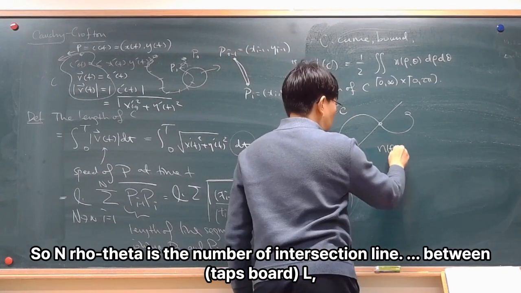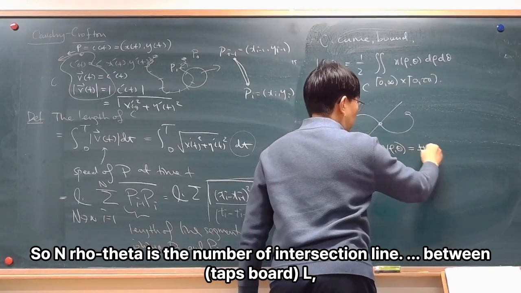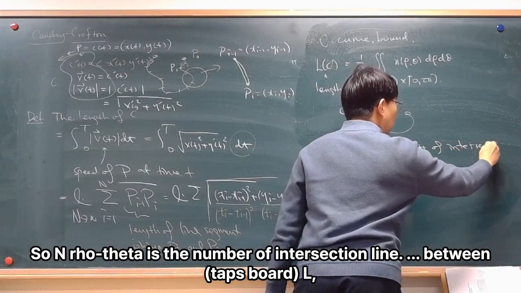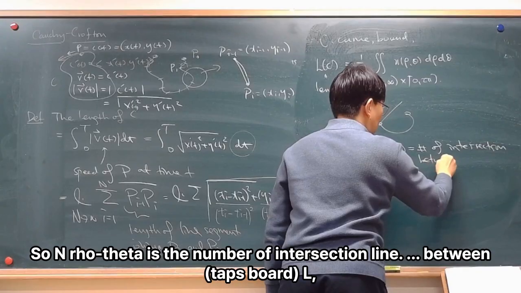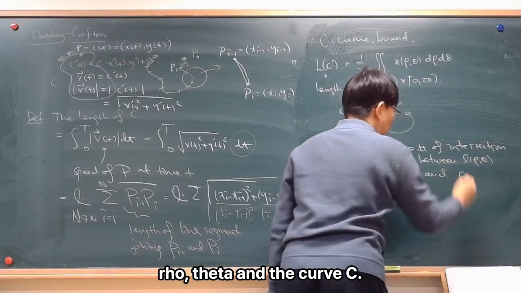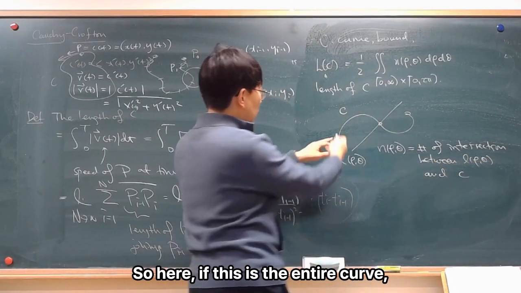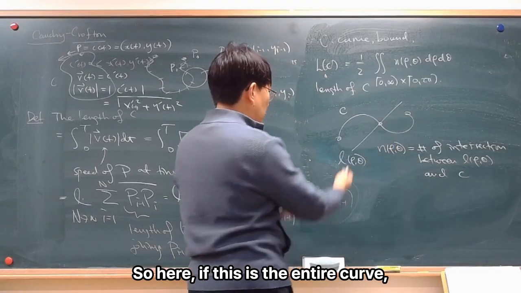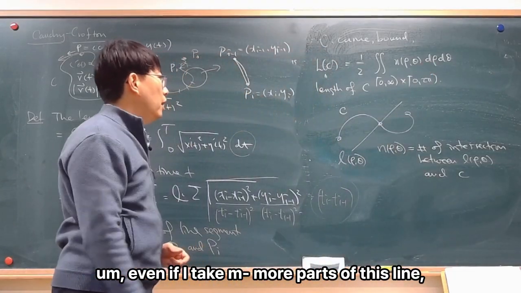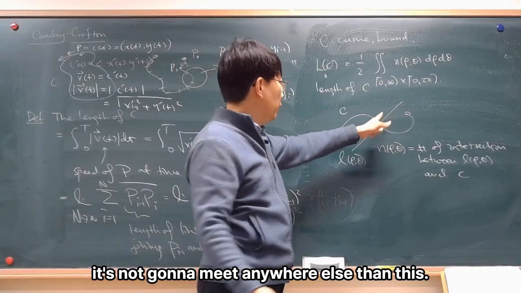So n(rho, theta) is the number of intersections between L(rho, theta) and the curve C. So here, if this is the entire curve, even if I take more parts of this line, it's not going to meet anywhere other than this.